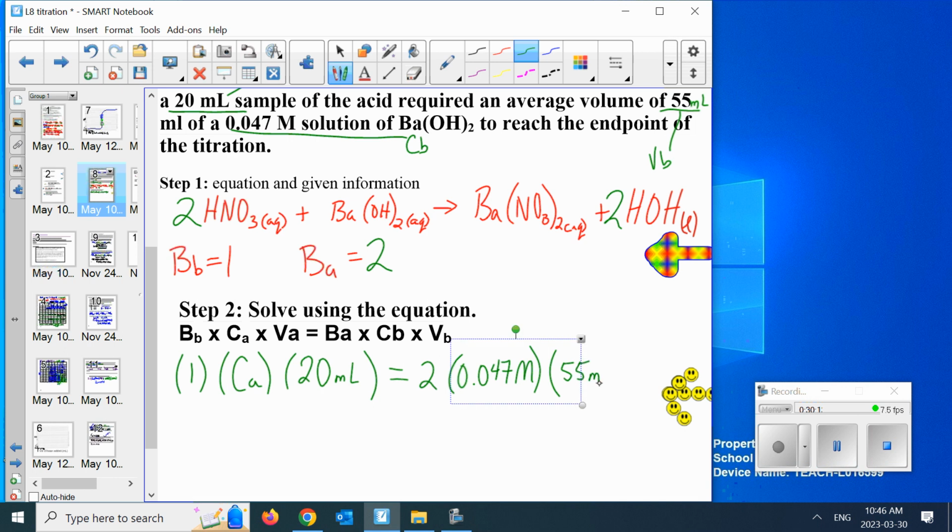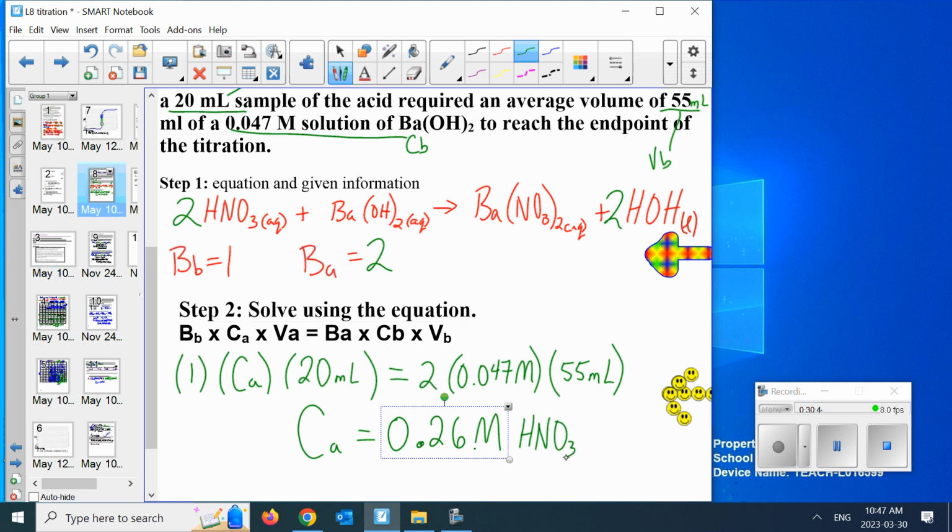I have two significant digits. We'll assume the 20 is 2. Mathematically, that's not tough. We divide by 20 mL. Get a concentration of the acid, and that acid, we actually know it, so I'm going to label it. CA is HNO3. Okay?